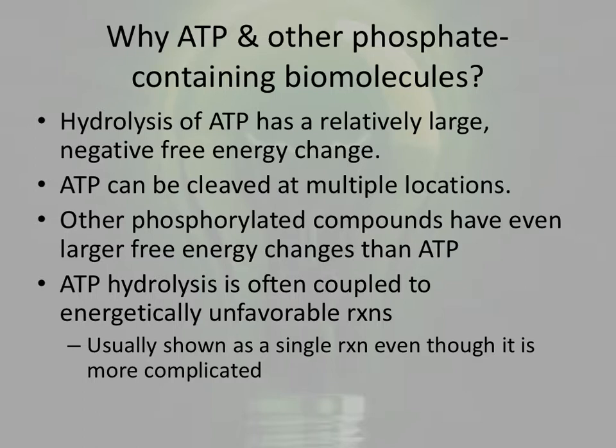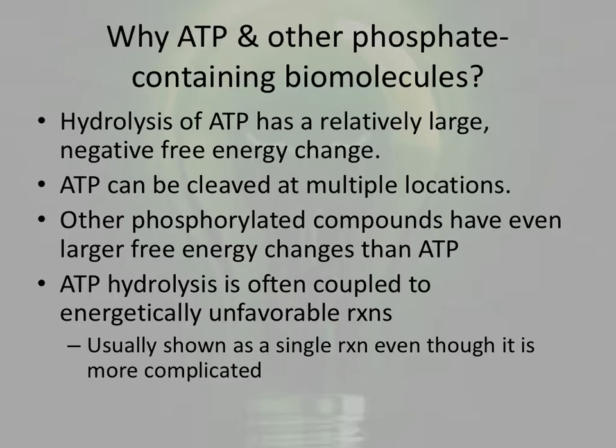Something like a carboxykinase would be a good example. You have to first phosphorylate something to the intermediate. And then the second point is the fact that ATP actually can be cleaved at multiple locations.